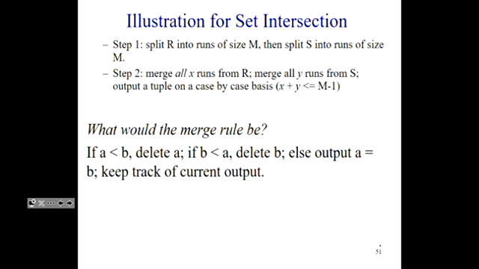Said another way, for now I'm assuming just one sorted run from each of R and S. If you have two tuples at the top of those two blocks where one is less than the other, then you can delete the smaller one. So if A is less than B, you can delete A. If B is less than A, you can delete B. Otherwise, you output both A and B to the output, but keep track of the fact that you've output A so that if you see another copy of A later, you don't output it again.